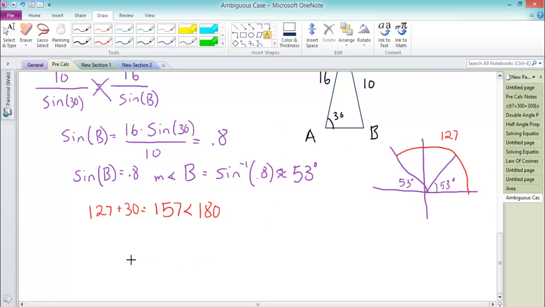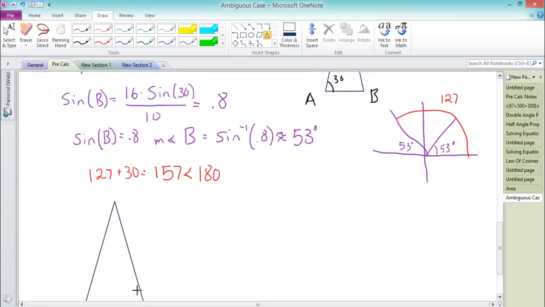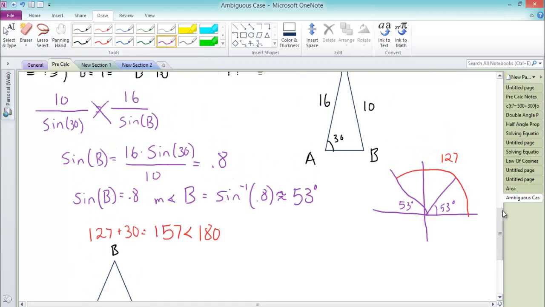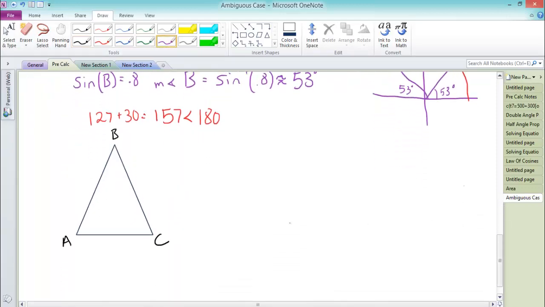So the first one with 53 degrees, we'll do it down here. So we'll label them A, B, C. Okay, now in purple, we were given that the measure of angle A was 30. And when I solved for the measure of angle B, I got about 53 degrees. And adding those up and then subtracting from 180, I get the last measure C would be 97.